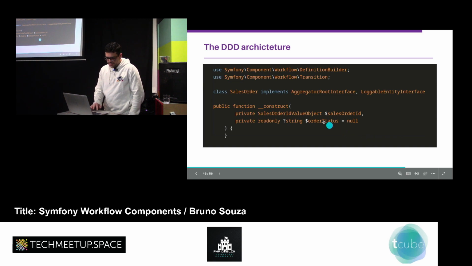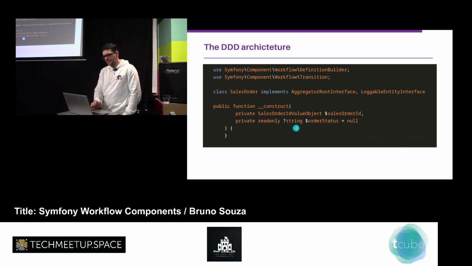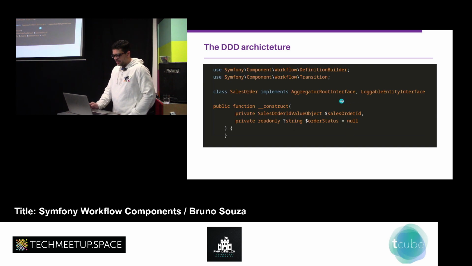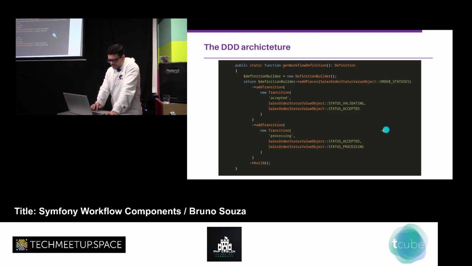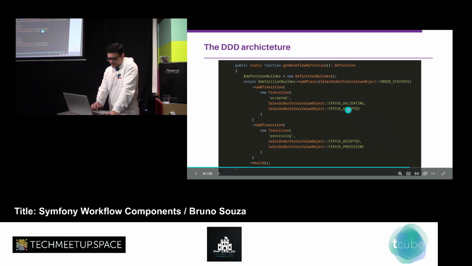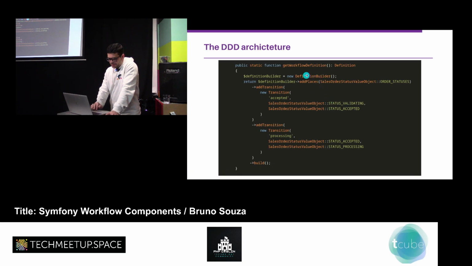So if you check here, I'm creating a new class, the same example from the sales orders, which implements the aggregate root interface and the loggable entity interface. But here I'm starting to use my factory. So we have a get workflow definition, which is a static function, using the definition builder, which is a class from the Symfony Workflow, and this returns a method called add places.